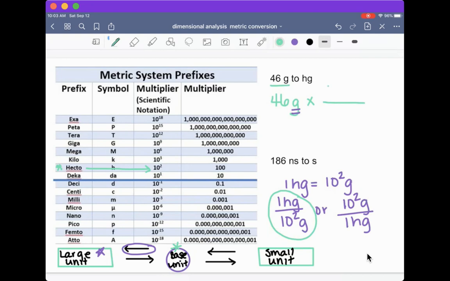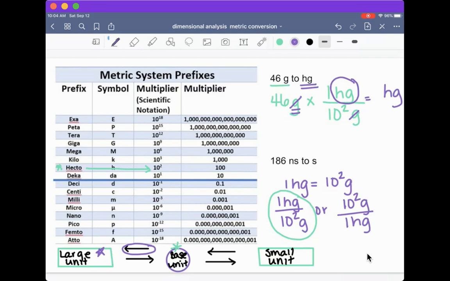For every 1 hectogram equals 10 to the 2 grams. Once that happens, it cancels out the grams, and the lone remaining unit is the hectogram, which is what my problem wanted the answer in. So we know we've set up the problem correctly.